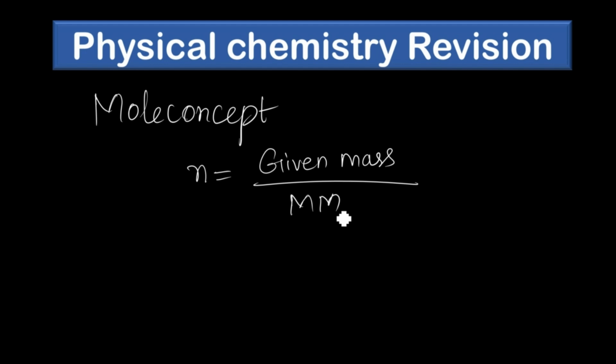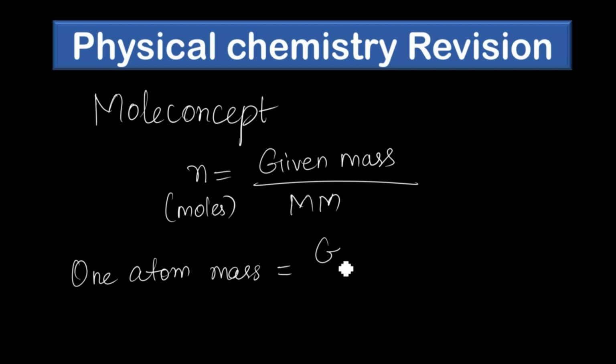Once you find the moles, the next question can be to find the number of atoms. In that case, the mass of one atom of an element is equal to gram atomic mass by Avogadro number.